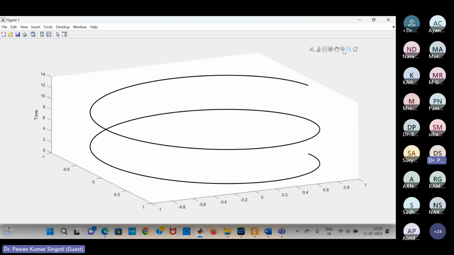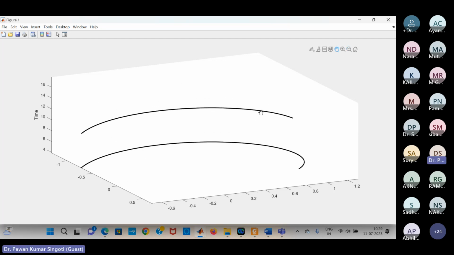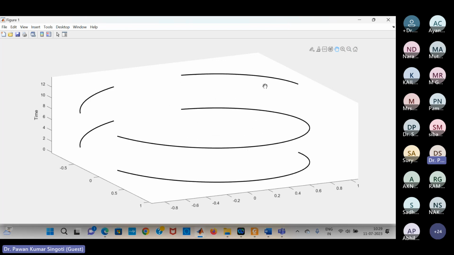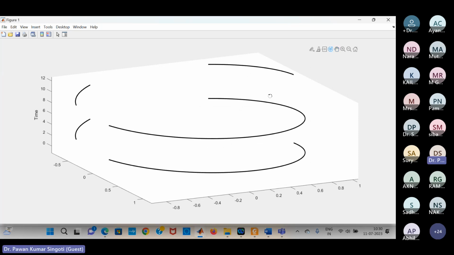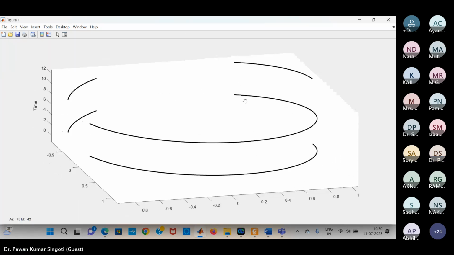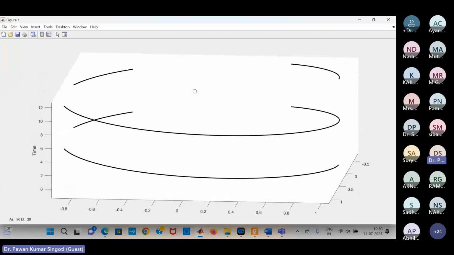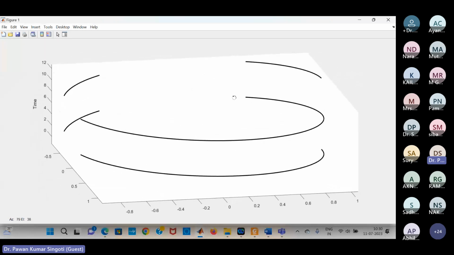Zoom in and zoom out functions are also there, though maybe not working here. A slider is there, so you can slide in this figure, and rotate is there. Many customizations are possible here.